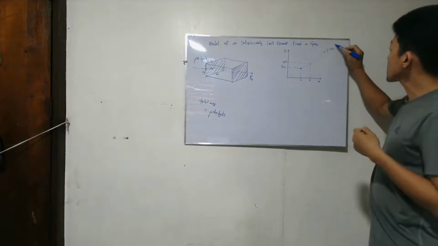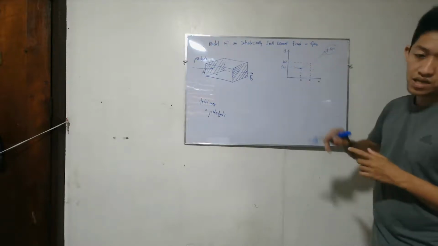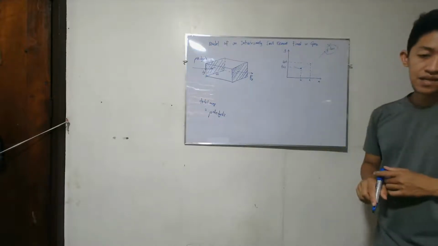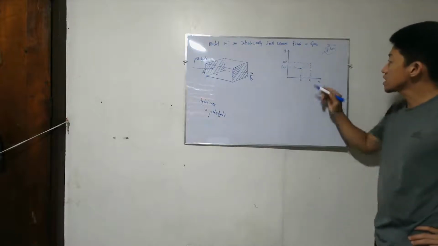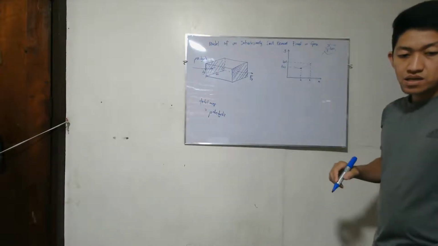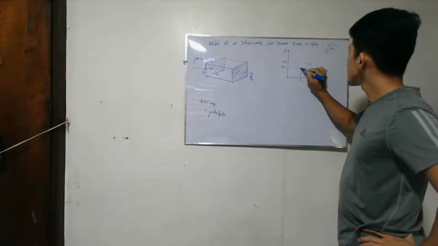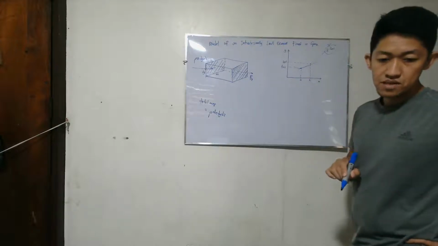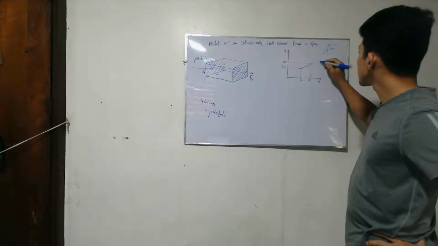Kung naa kay equation, dali ra kayo imo ra ni substitute diri. But what if wala ka ni? Dili ka given na. So how do you approximate ang value ni? So ang ginabuhat ani sa Taylor series is you get the first derivative ani, no, kaning line.